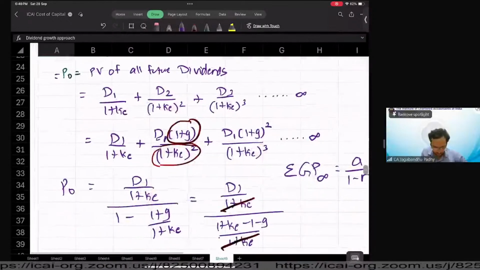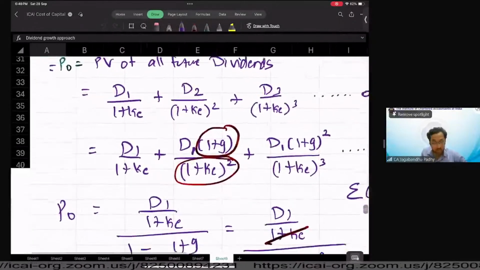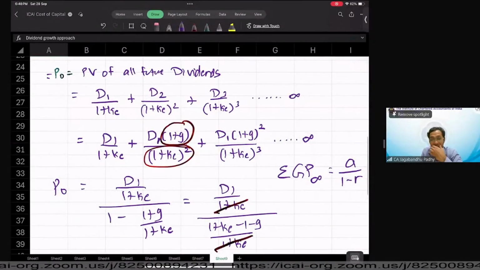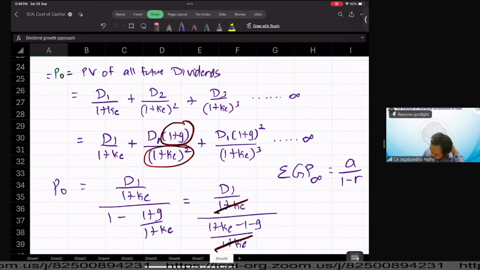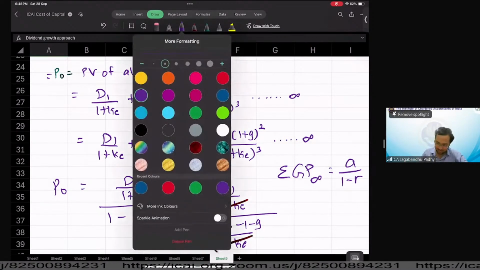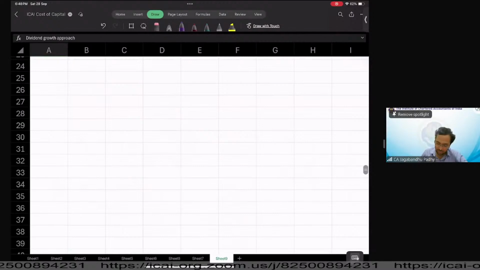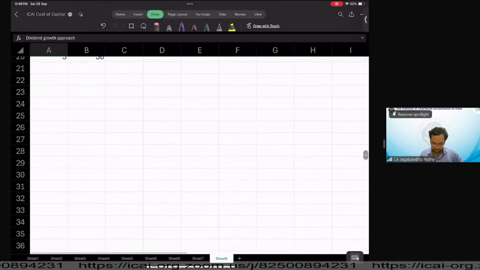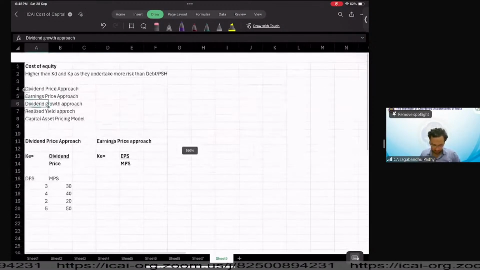Why are we taking D1 divided by 1 plus KE? Tell me the formula for present value and future value. We did it yesterday. You know, A is equal to P into 1 plus I. Correct?